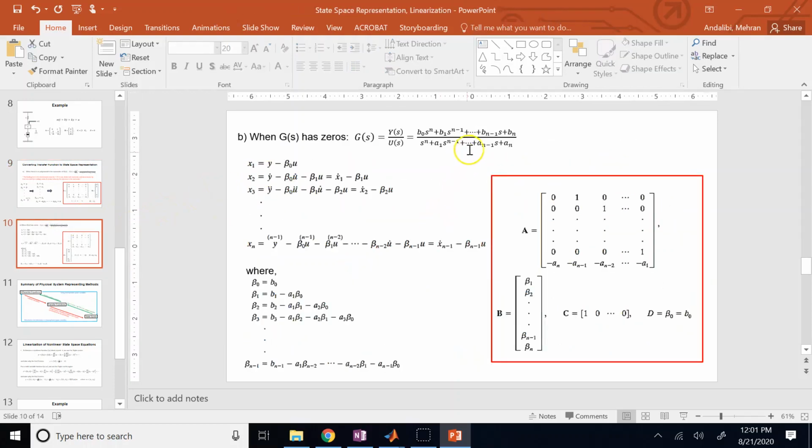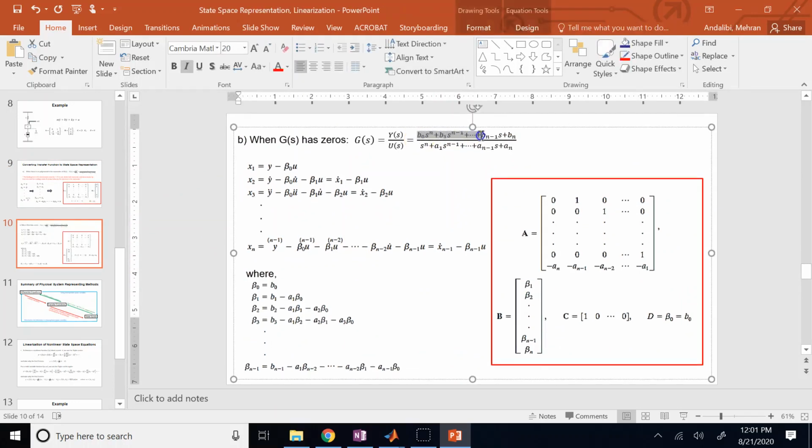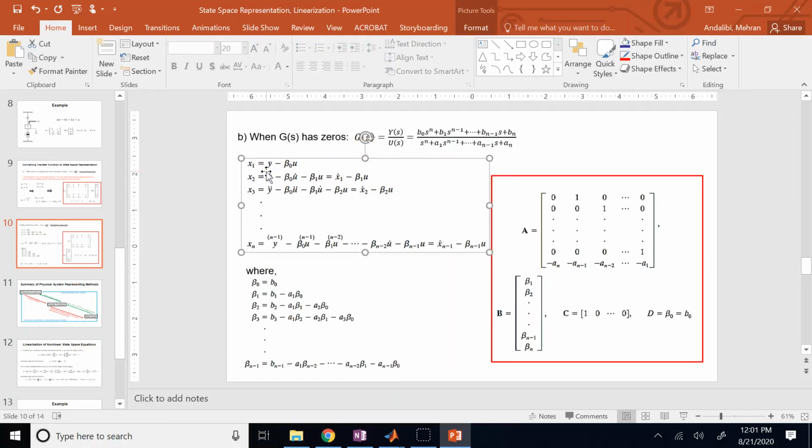Here is the case that the numerator has a lot of S terms in it, or a few S terms, at least one. It's not just constant. In this case, as I said, choosing the state variables is not as easy. What you need to do in this case is your states are going to be a combination of output and input.